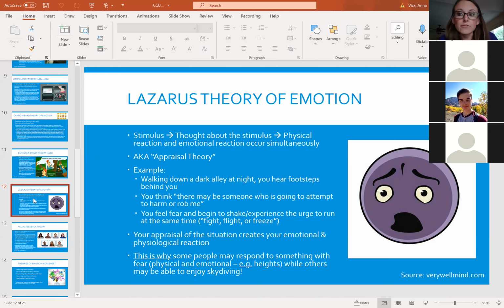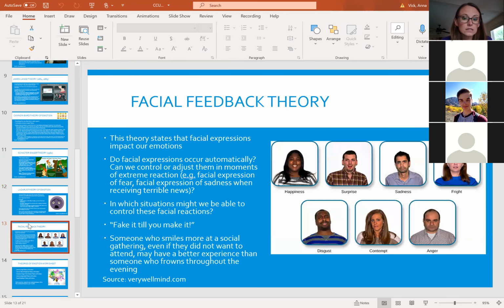So we suddenly feel afraid and start shaking. It's not like, oh, we feel afraid and think about being afraid, and then we start shaking, or the shaking causes us to feel afraid. It's these two things happening at the same time, and that's the Lazarus Theory. So the idea is that our thought about the stimulus is going to produce this reaction for us.